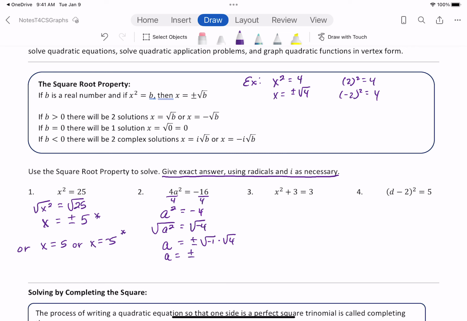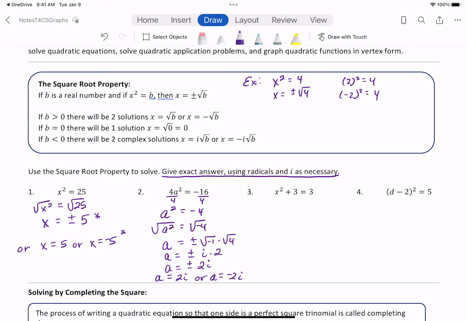And then by definition, the square root of negative 1 is i. And we know the square root of 4 is 2. And then I'm just going to rewrite it because we're accustomed to having the number first. And of course, if you want to write out the two cases, you can also do that. Either way is fine.